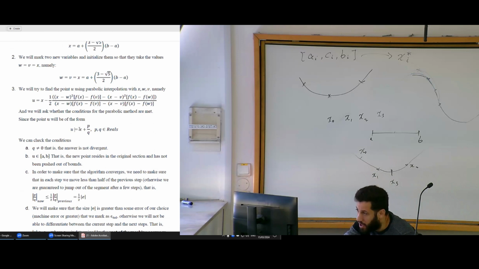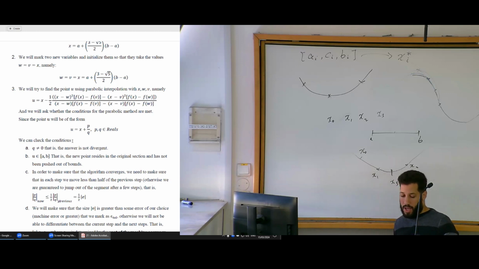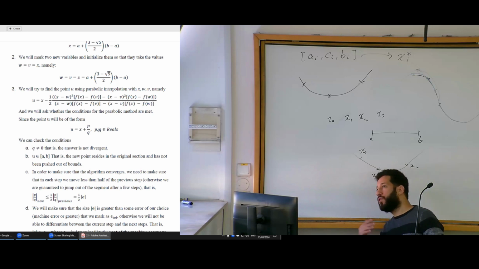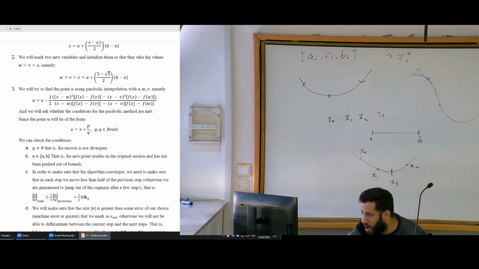If it not only fails, I also add the shrinking condition. When I use the parabolic interpolation, I reject it and go to the golden section method if the new point is outside the range, or if this new point has an improvement over the previous points of less than half of the last improvement.